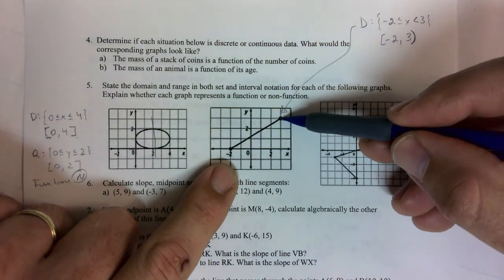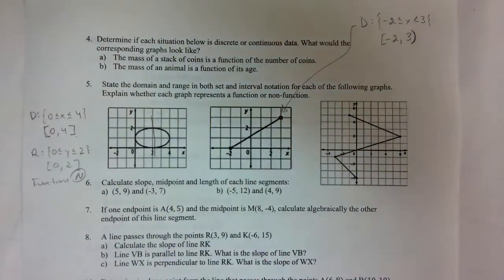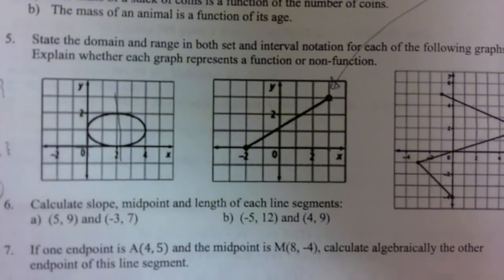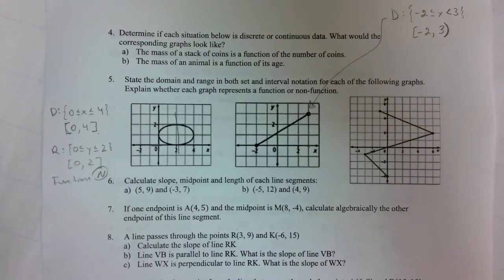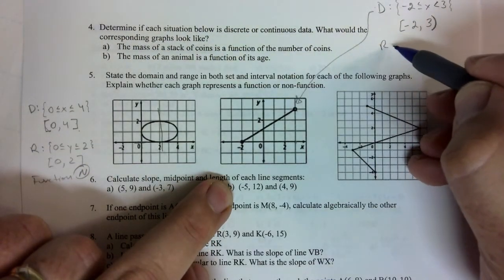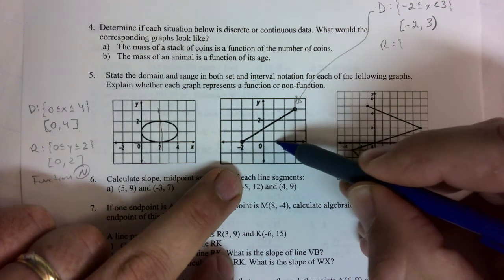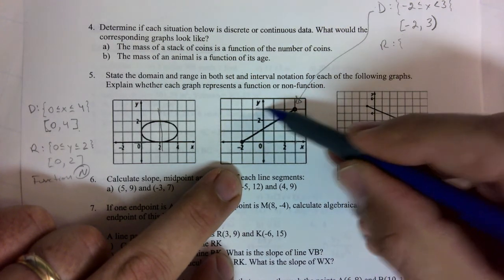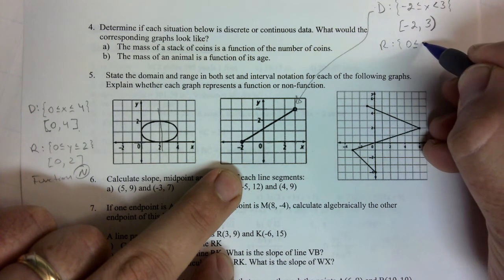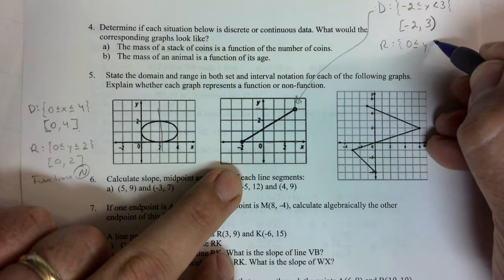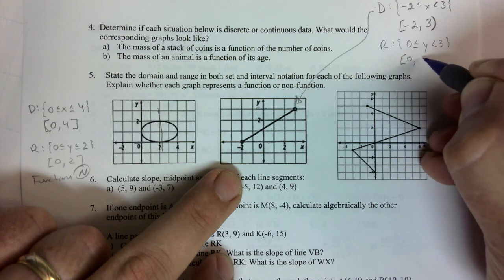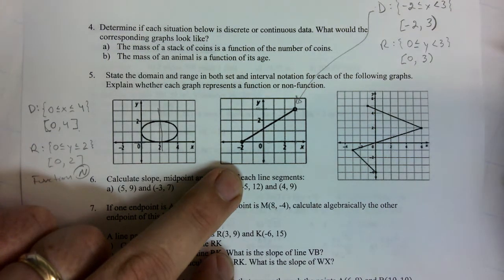It's hard to see, but this is an open dot. Let me just zoom in there. You can tell that it's supposed to be an open dot. I'll make sure that on a test it would be very clear. Then your range here goes from y of 0 to y of 3 as well. So we go 0 inclusive, y less than 3. That would be 0 inclusive to 3 round, like that.